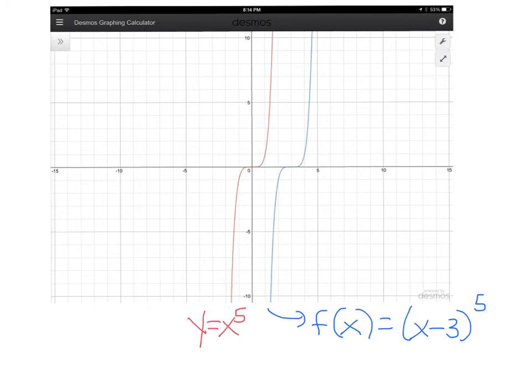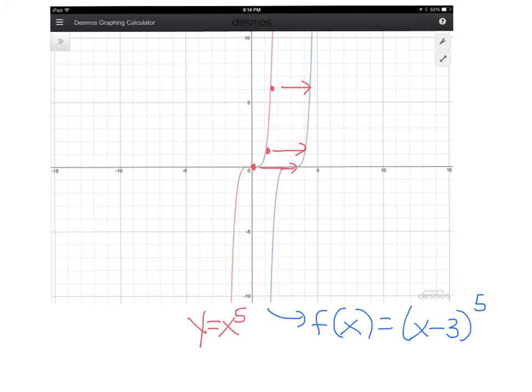You can see that both graphs have the same shape, just the blue graph has been translated or shifted 3 units to the right. If I take a couple different points, you can see that each of these points has been shifted over 3 units to the right.